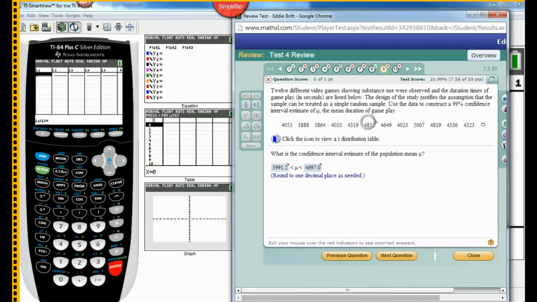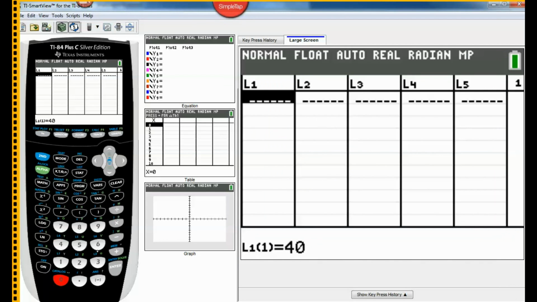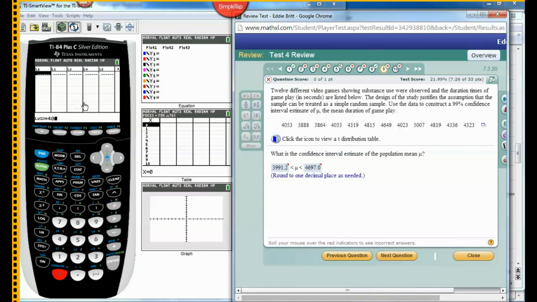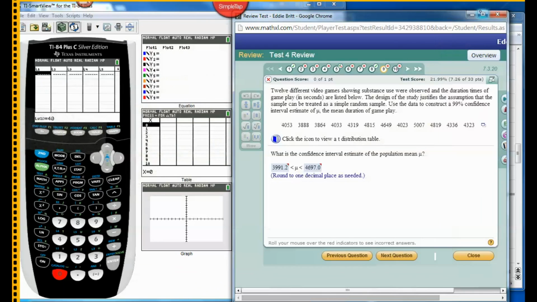So here's my data set right here. So I'm going to put this in the calculator. I'm going to type all of these in real quick. May not be as quick as I would like, but that's okay too. All right, so trying to get these lined up.